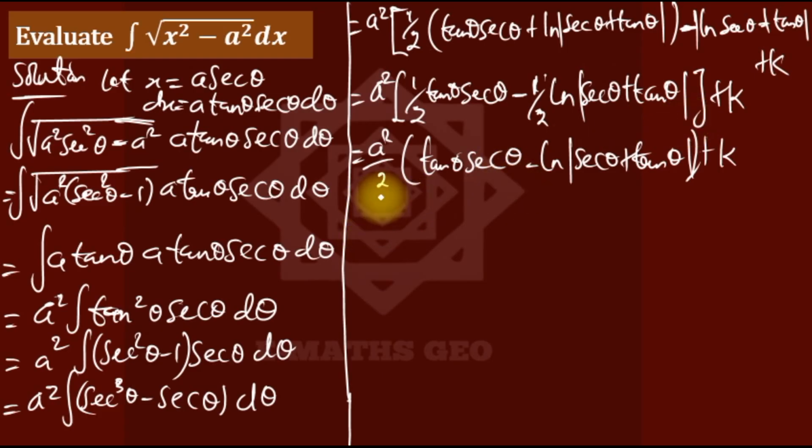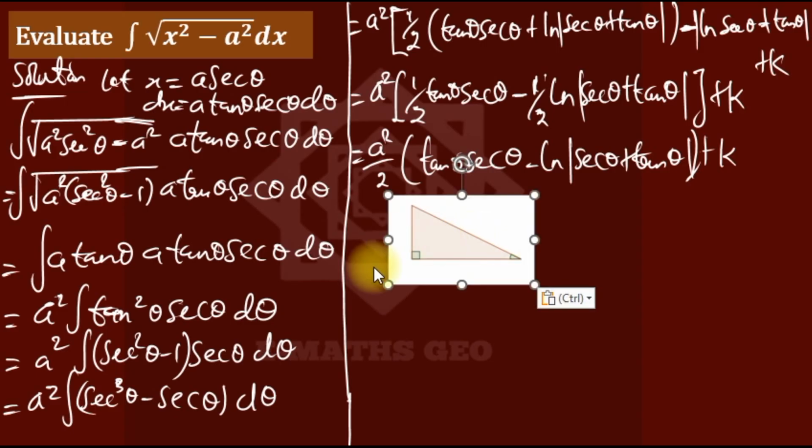So again, we need to move from theta to x and a. From our right angle triangle, we said let x equal a sec theta. So let's use it and get the remaining. If x is a sec theta, then sec theta is x over a.